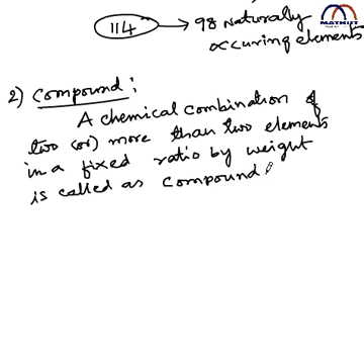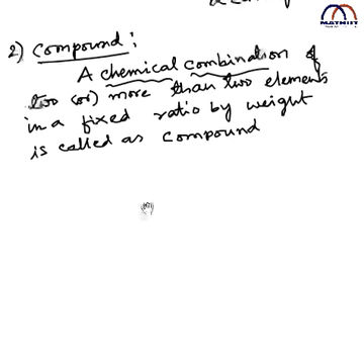Right. Now let us discuss these compounds. I said chemical combination. What is the meaning of this chemical combination and what is the fixed ratio by weight? Let us discuss.